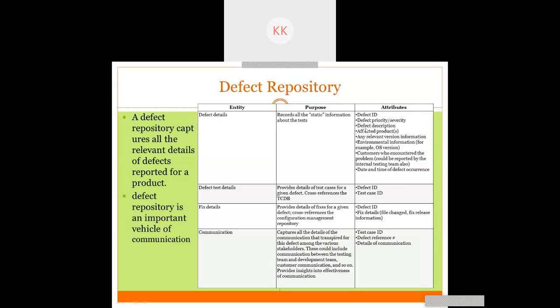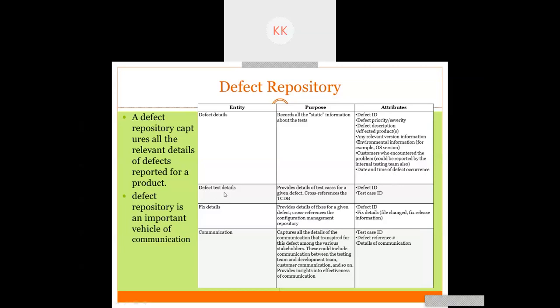Then defect description. What is the description of the defect? Then affected products or functionalities. Any relevant version information, any information available. Environmental information like OS, platform, and so on. Customer who encountered the problem and date and time the defect occurred.